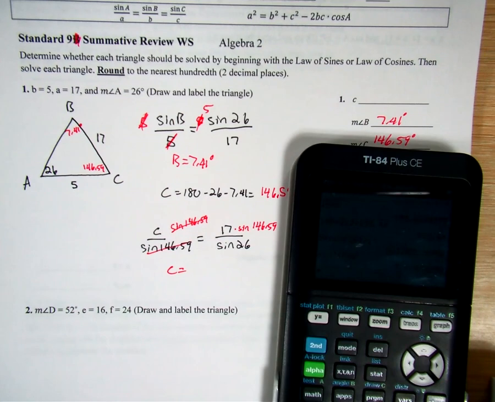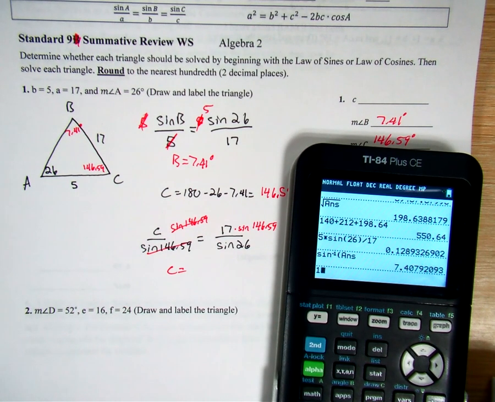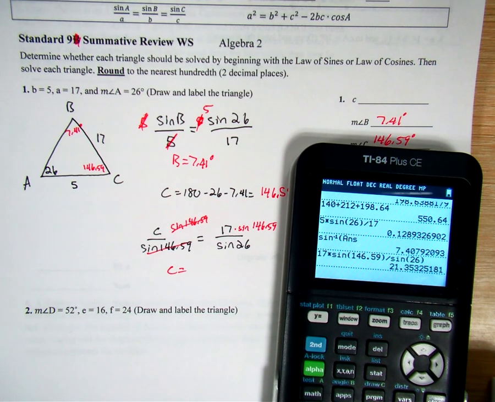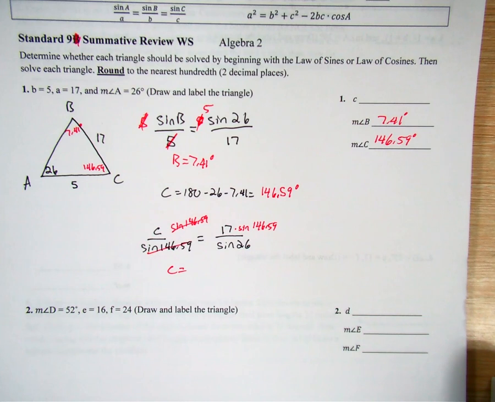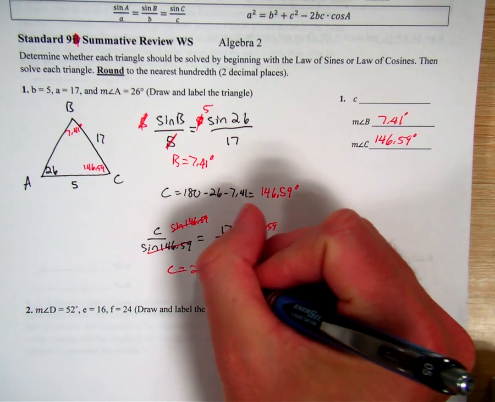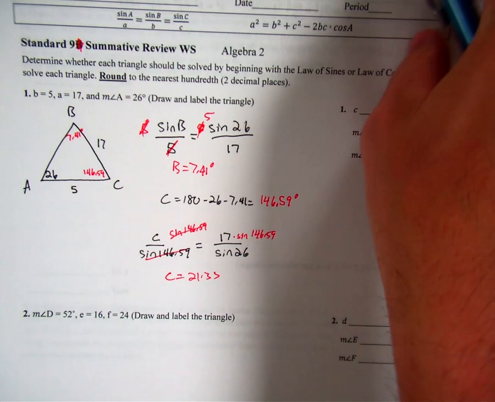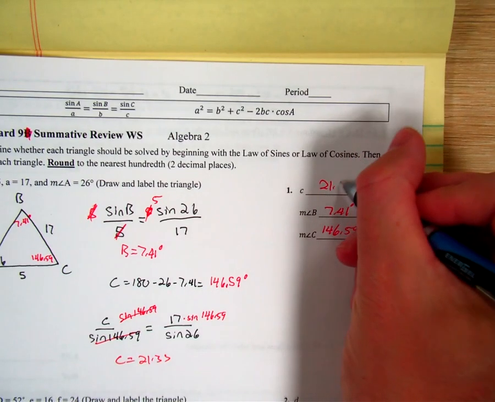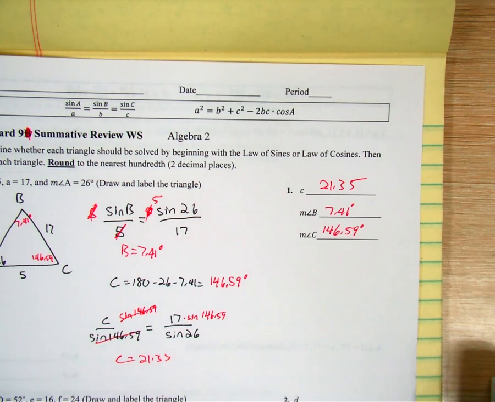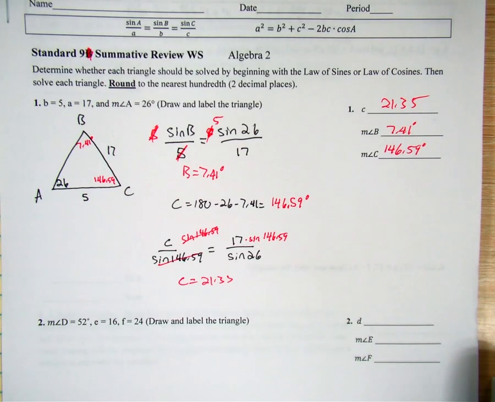Let's type that in: 17 times sine of 146.59 divided by sine of 26. And we should have 21.35 for our side length C. All right, there is our law of sines problem.